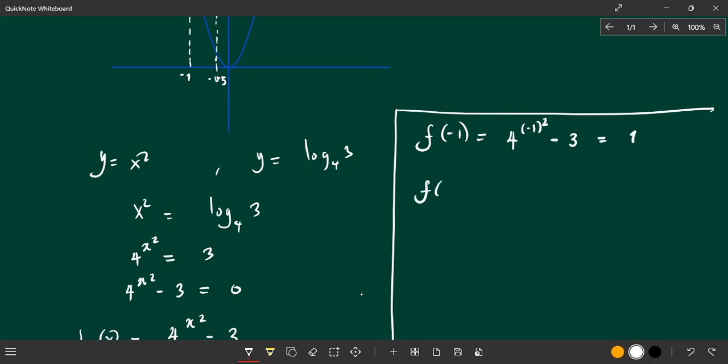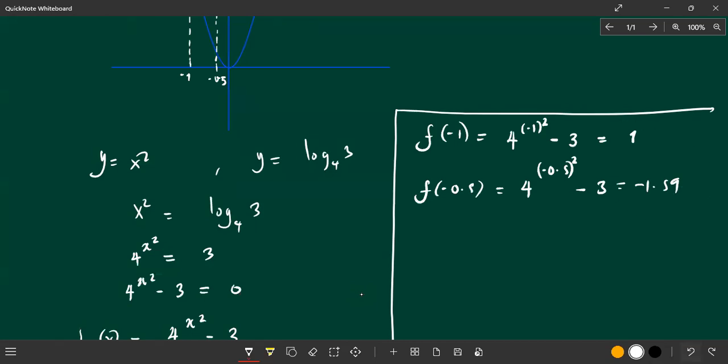And also f of -0.5 is 4 to the power (-0.5) squared minus 3. This is about -1.59. So you notice that there's a sign change.